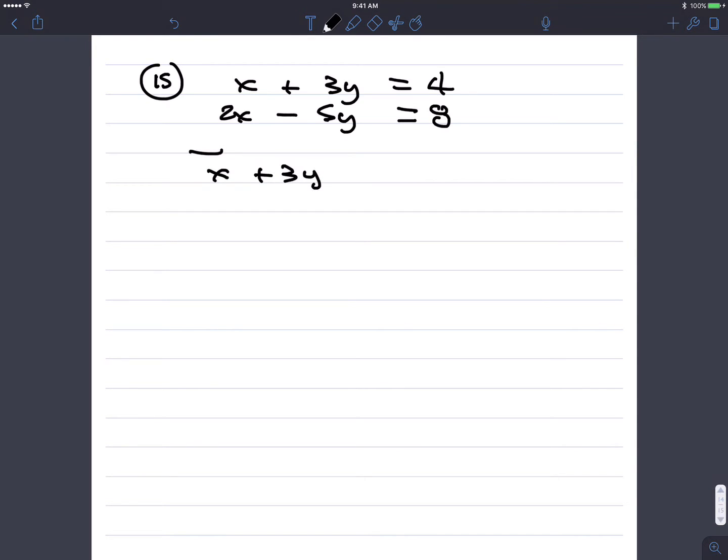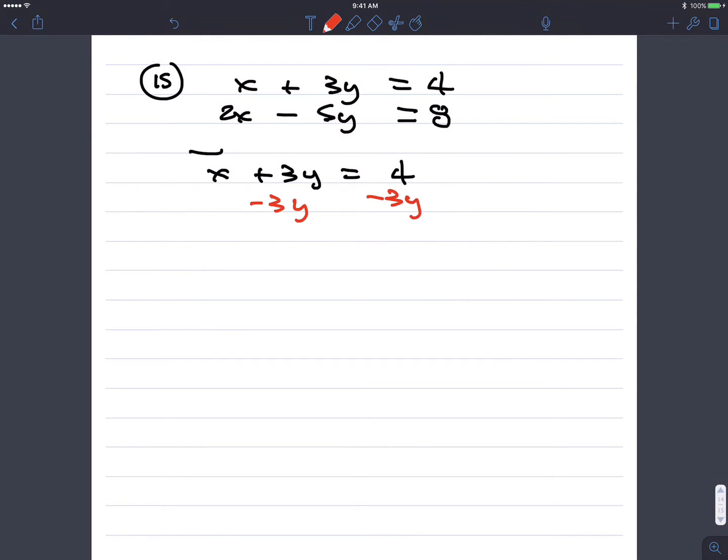Number 15. x plus 3y is 4. 2x minus 5y is 8. We're going to solve the first equation for x. So we have x plus 3y is 4.